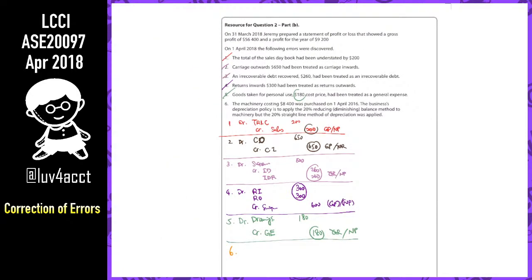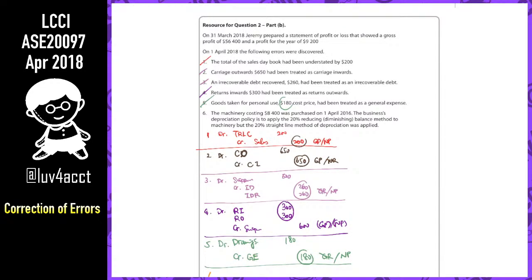So what is our year end? Our first year is 1st of April 16 to 31st March 17, and this is our second year, 31st March 18.